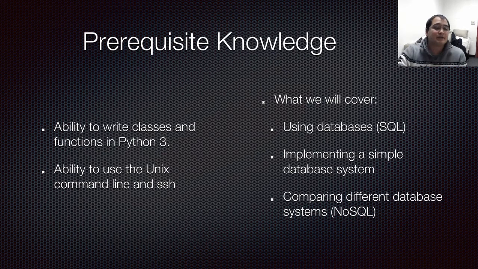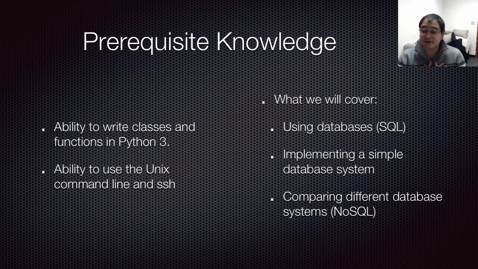Alright, what else do you need to get by in this class? The things that I'm expecting you to know to some degree: I need you to know how to use Python 3, specifically Python 3.6. I also am expecting you have some basic ability to use the Unix command line, like you can use cd and run Python and move files around and things like that.